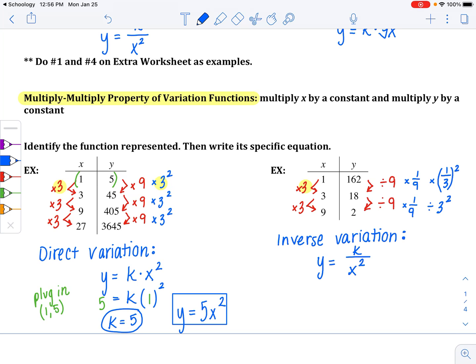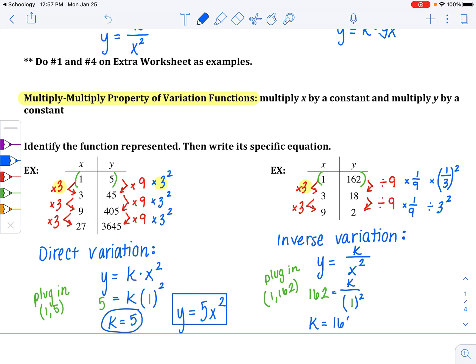Now that is the specific, so we now need to plug in a point. Pick a nice point. I might pick 1, 162. Y is 162, X is 1. Solving for our constant there. Pretty easy again.